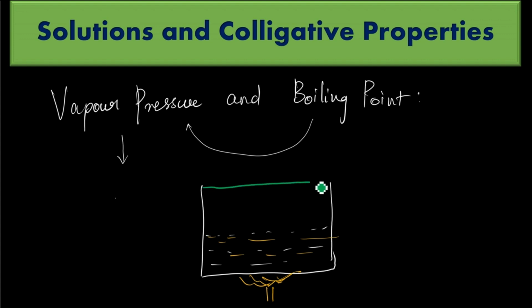Since this is a closed container, it can't escape to the surroundings, but these vapor particles mix with the air inside the container. That creates a certain pressure on the existing solution. The pressure exerted by the vapors on the liquid surface, which is in equilibrium, is called vapor pressure.